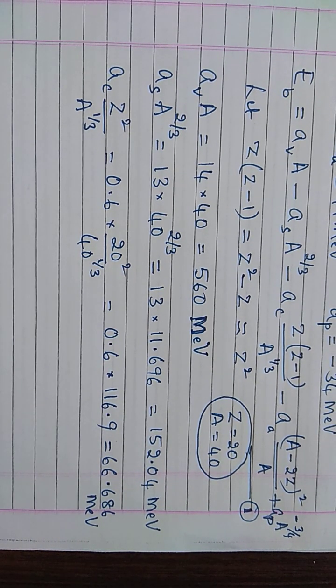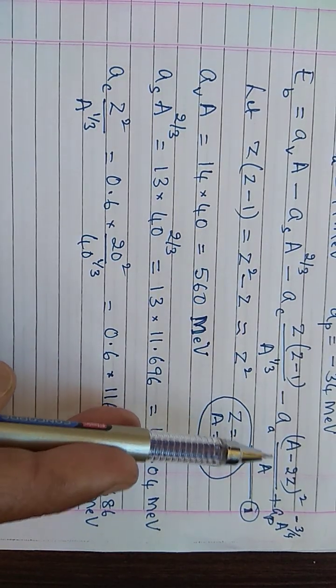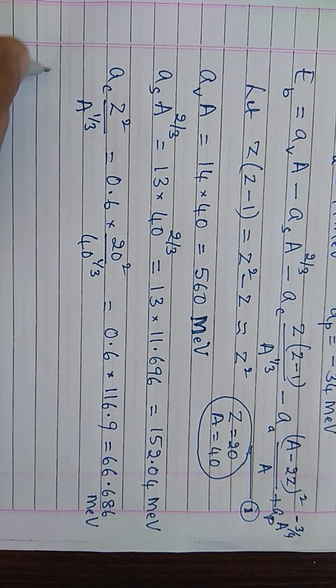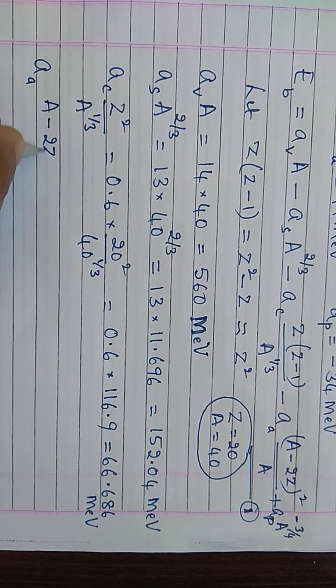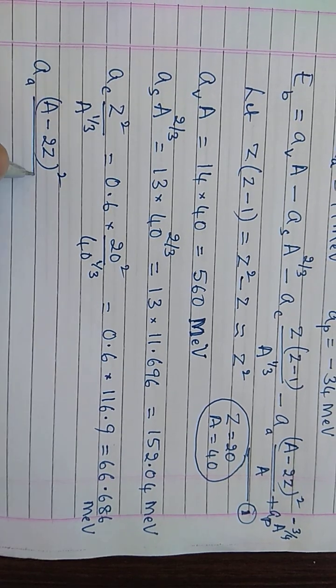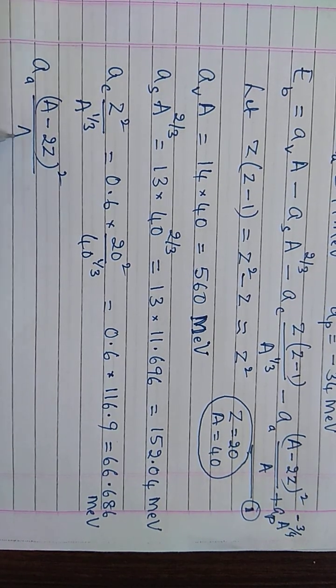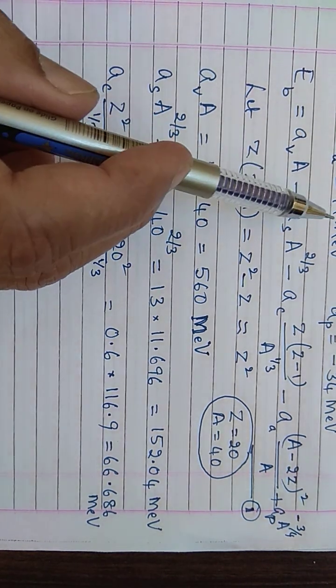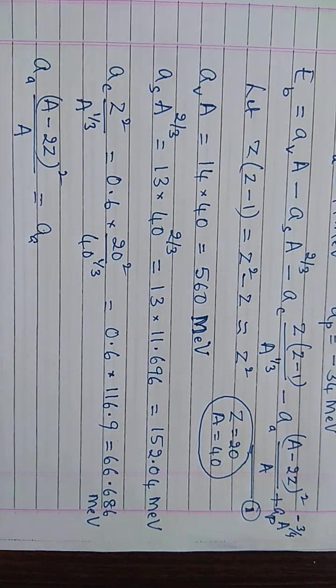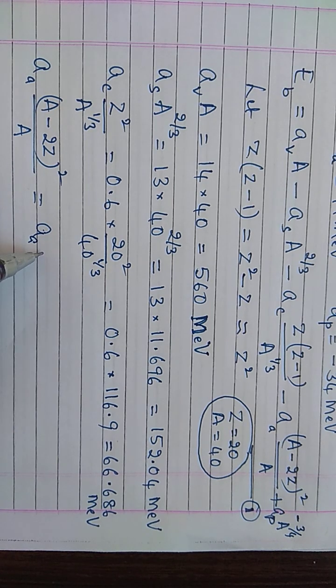The fourth component is (A minus 2Z) whole square divided by A. That is equal to, as it is, I will write, A is given, of course, 19 MeV multiplied by 0.